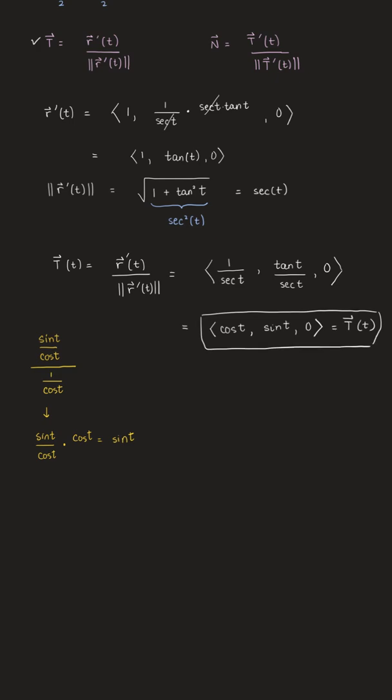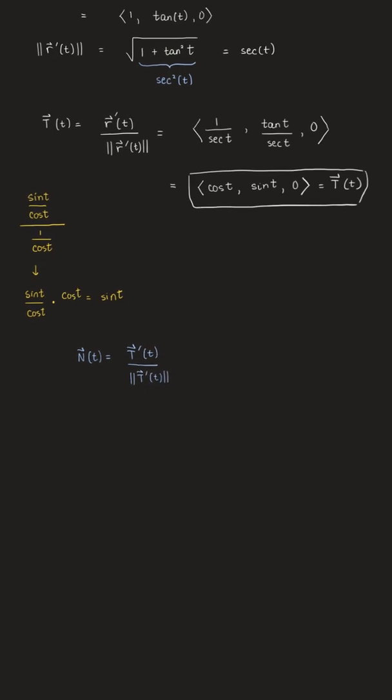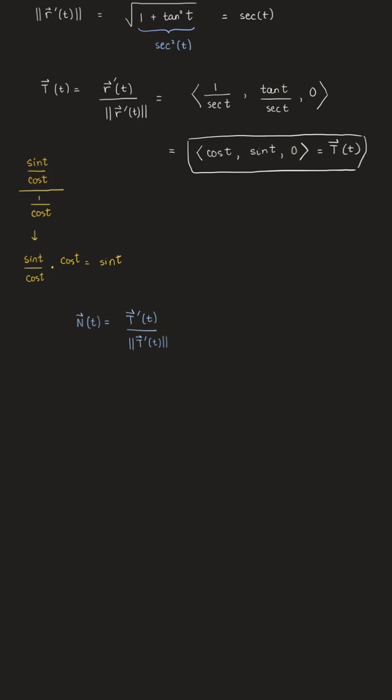All right. Now, let's find our principal normal vector. I'm just going to do this in blue. Our principal normal vector will be the derivative of our tangent normalized, so divided by its magnitude. So we have our tangent vector up here.